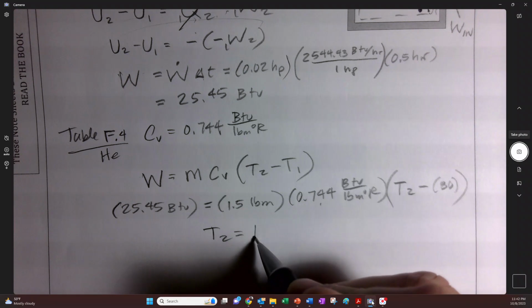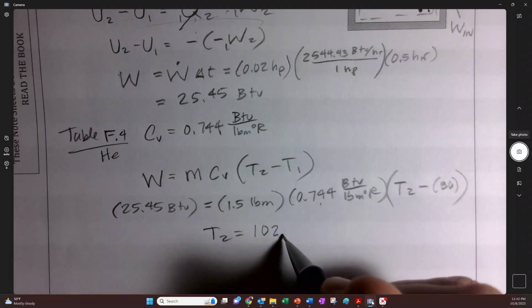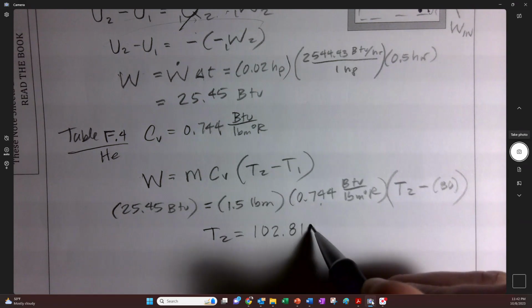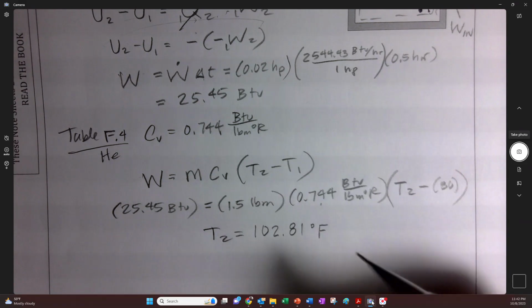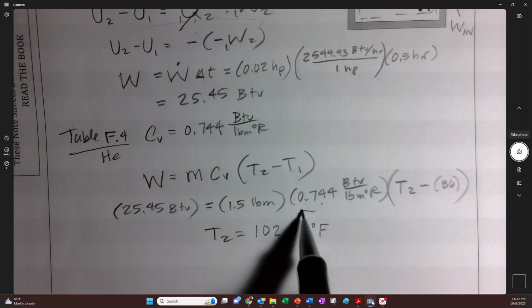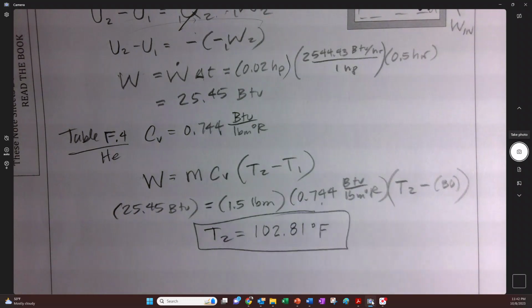Yes, so I get 102.81 degrees Fahrenheit. The other book got 102.5. No big deal, but that's one of our important things to do.